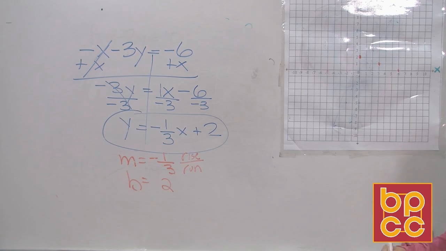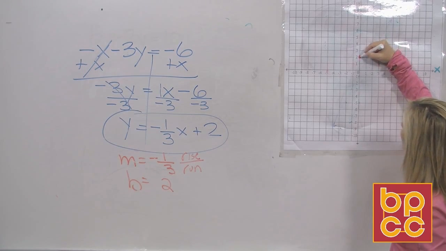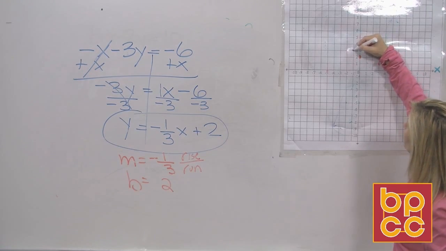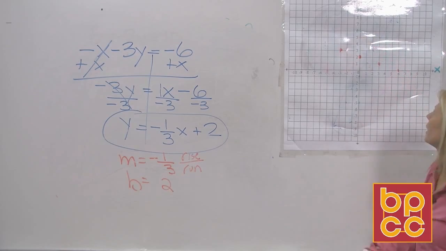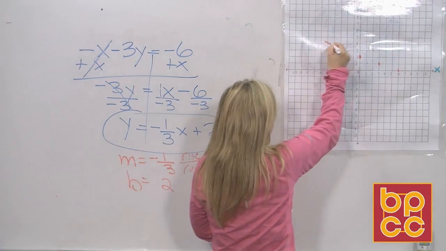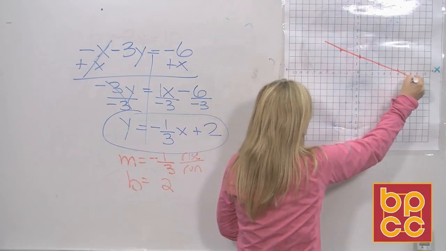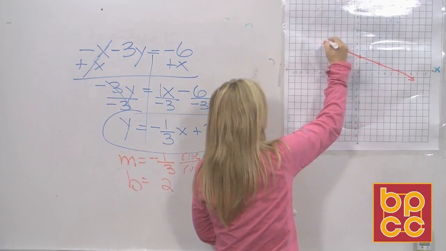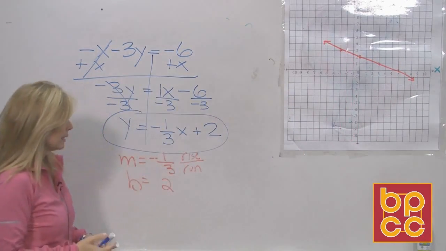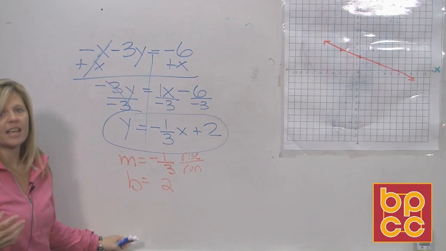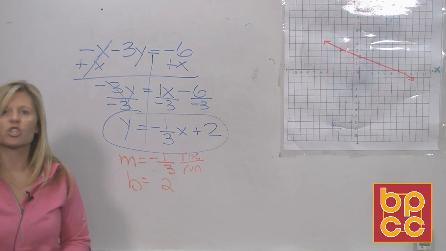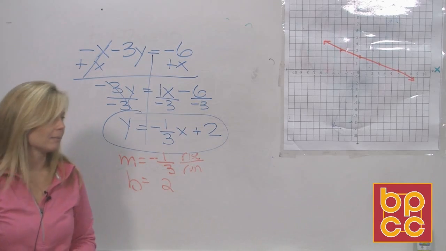If you want to reverse it, here I am at 2, I would go up 1, to the left 1, 2, 3. And then I can connect my points with a straight edge and make a diagonal line. It's real simple. It just takes practice, and it takes more understanding what the numbers mean.